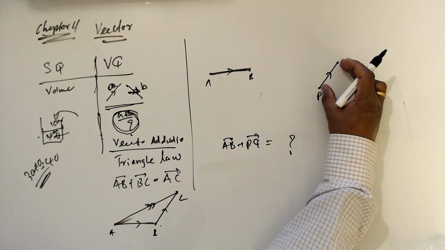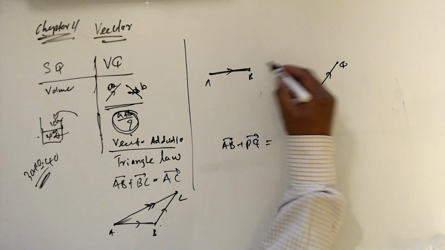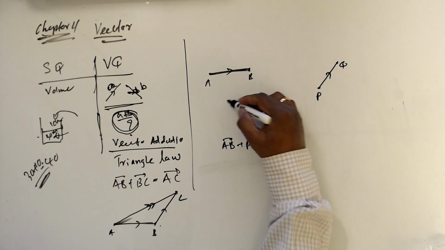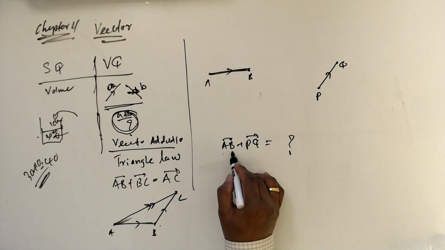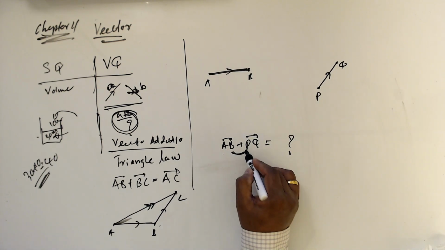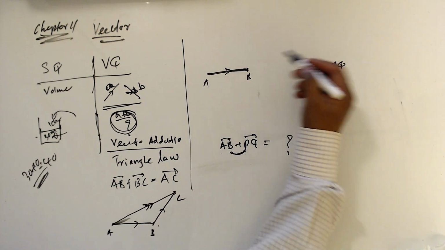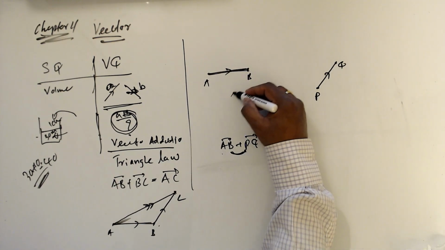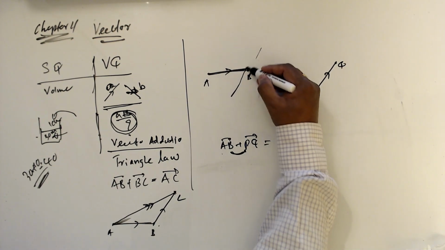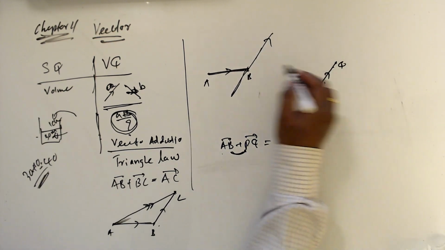Then I'll measure this one, PQ, and I'll draw a parallel line through B, because for AB plus PQ, B and P should be together. So I will draw a parallel line to this one. Are those two parallel? Yes.